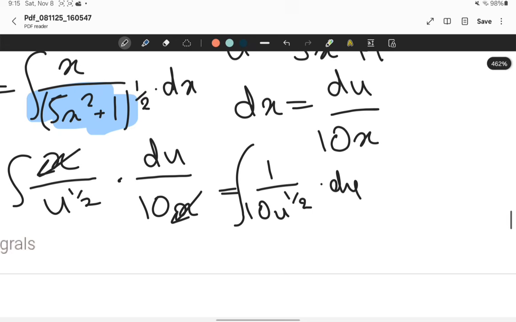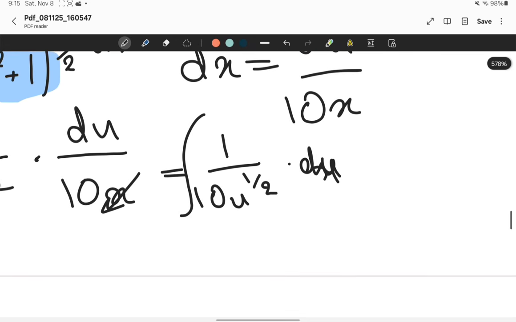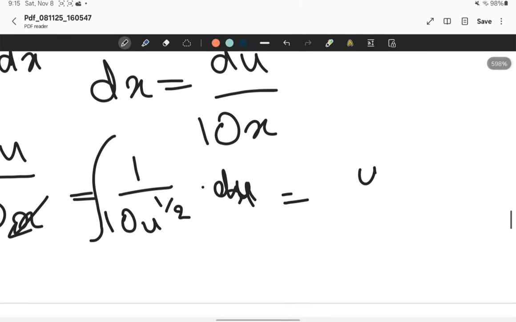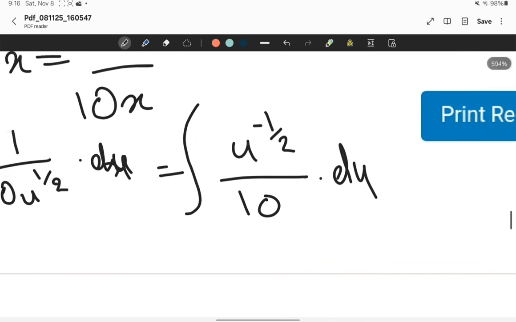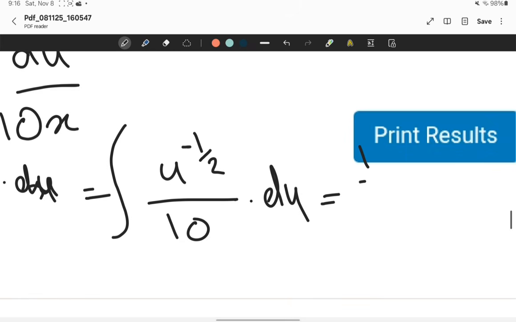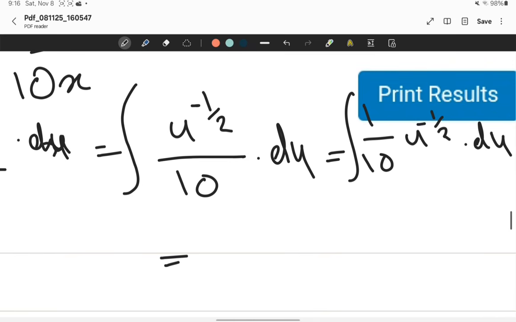So now we got to this part here. We're going to have to integrate this, so that means we need to bring the u to the top. So that means it's u to the minus 1 over 2, right? It's the integration of that over 10 du. So now we can integrate this.